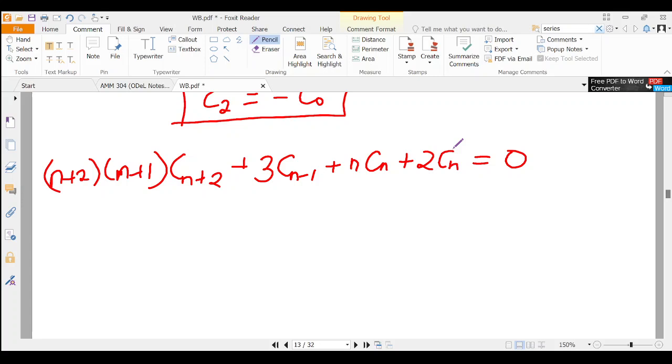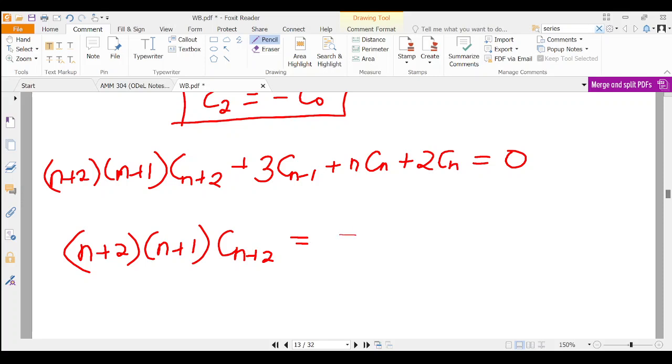So this is the same as writing (n+2)(n+1) c_{n+2} is equal to minus 3 c_{n-1} minus (n+2) c_n. We say that these two terms, we can factor out c_n to get (n+2) times c_n.